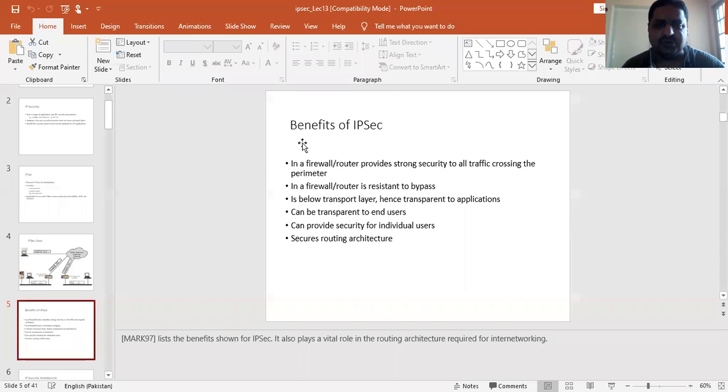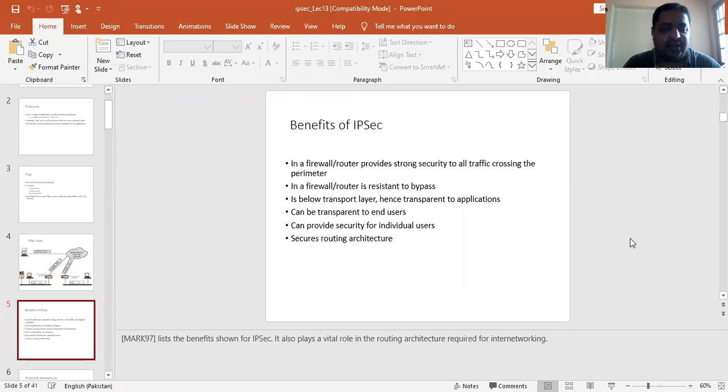We can do this with the help of a protocol that has features providing security for the data being sent to another system.